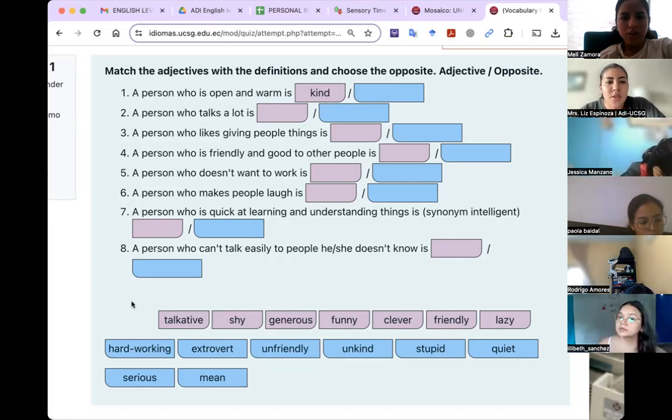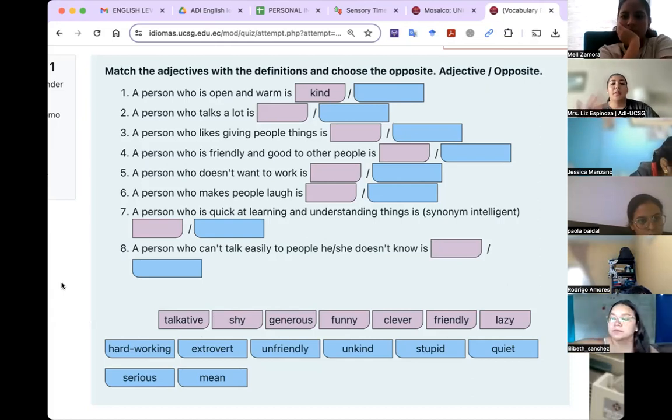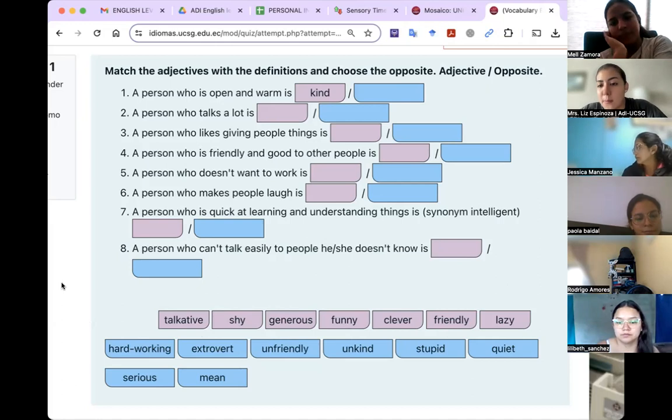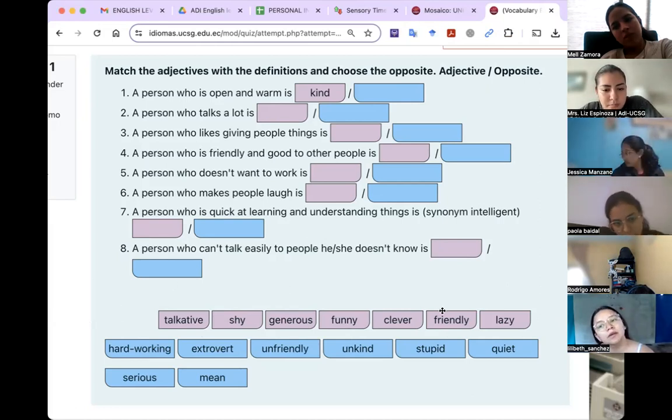Okay. So kind, yes, I agree with kind. But then in the blue spaces, we have to put the opposite. We have hardworking, extrovert, unfriendly, unkind, stupid, quiet, mean. Which is that? Unkind. Okay.